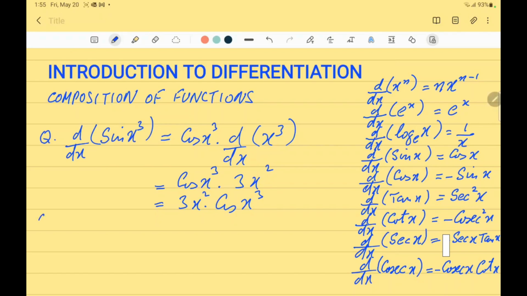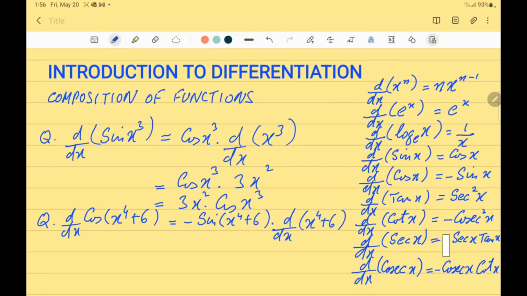Let's take another example. d by dx of cos x raised to power 4 plus 6 is equal to differential of cos is minus sine x^4 plus 6, and then we will differentiate its angle as well, which is x^4 plus 6.